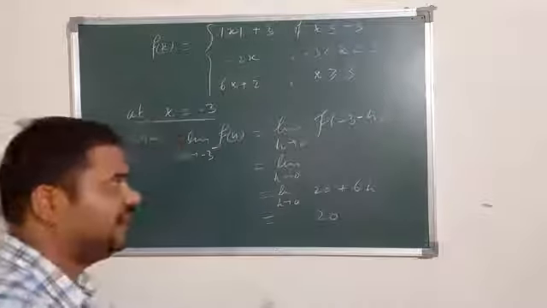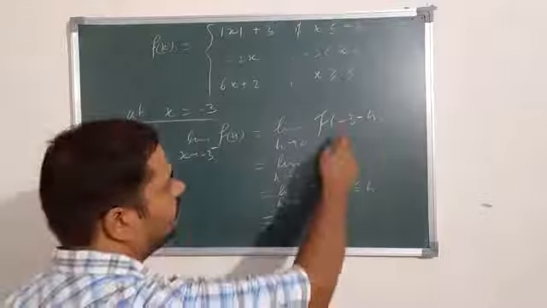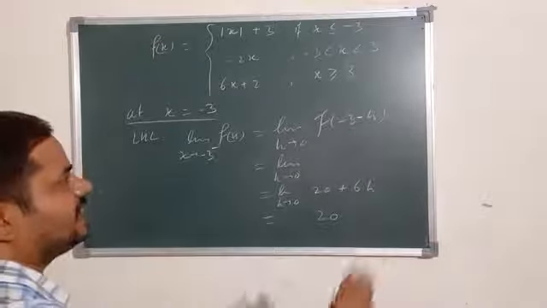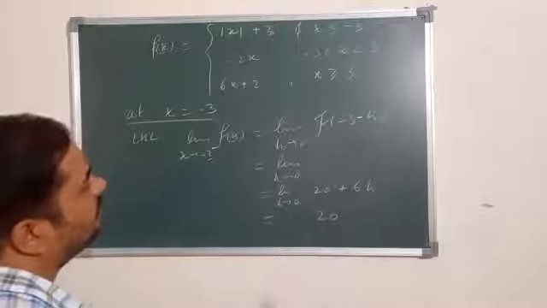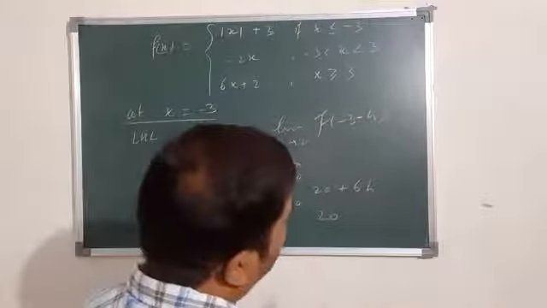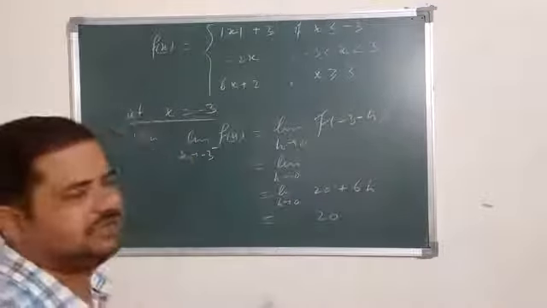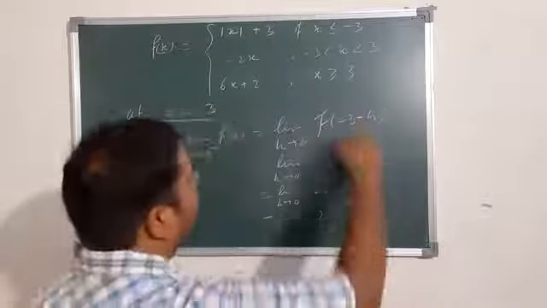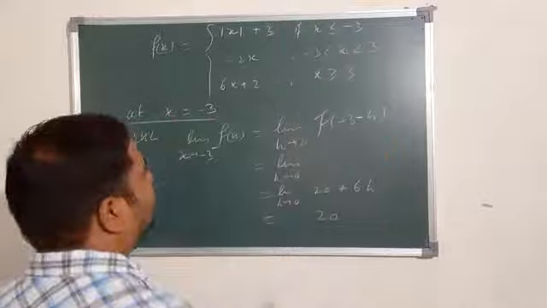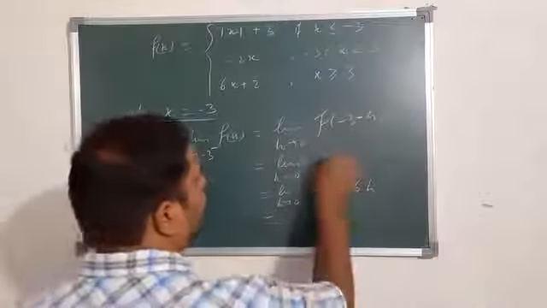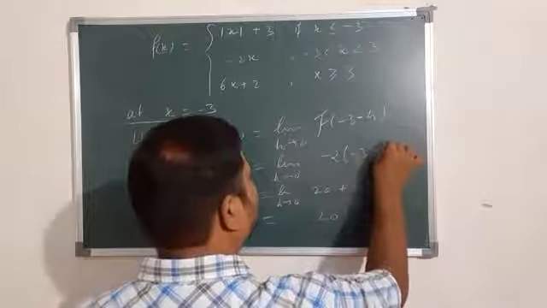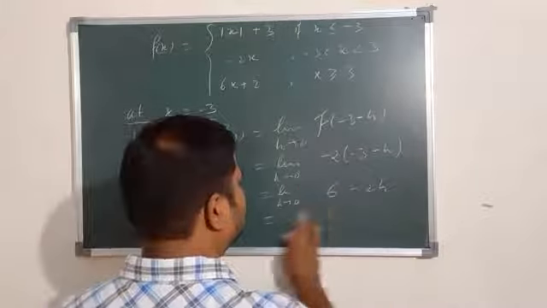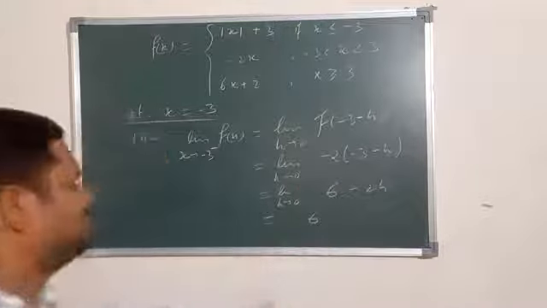As h is greater than 0, -3 - h is a quantity less than -3. For less than -3, the function is defined as -2 into (-3 - h), and this is nothing but 6 + 2h. So as h tends to 0, this is 6.